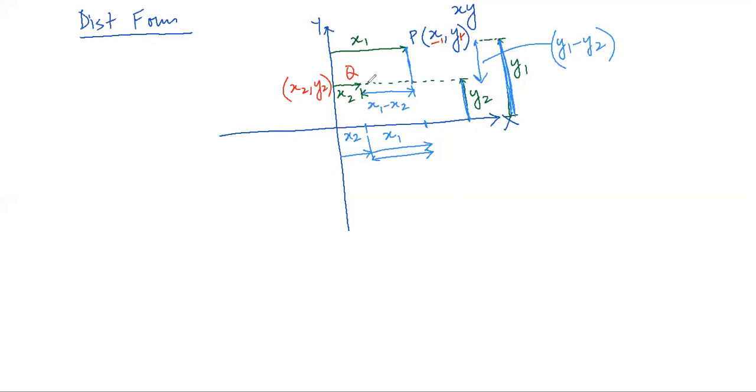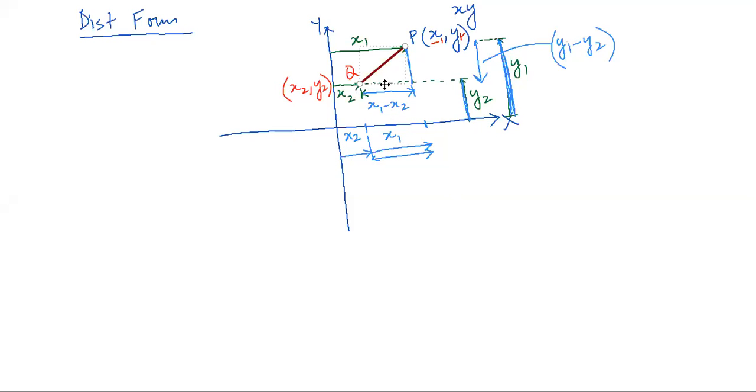Now, let's say I join PQ. And this PQ is the distance which I want to calculate using the distance formula. I'm interested in finding out how far P is from Q and vice versa.